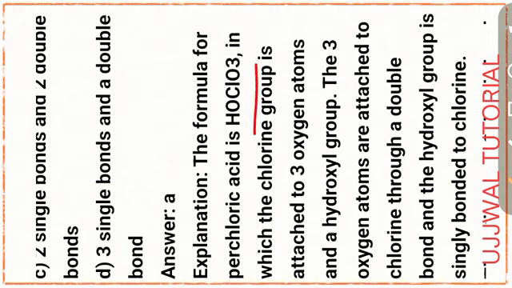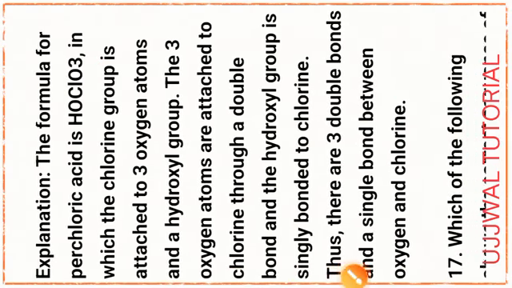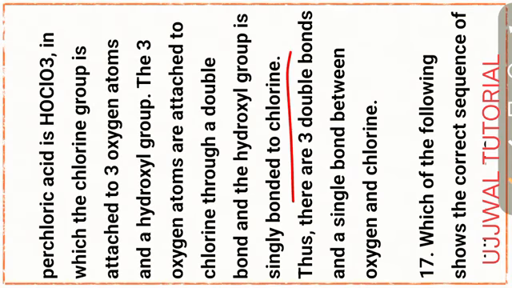Okay, in which the chlorine is attached to 3 oxygen atoms, okay, and 1 hydroxyl group. The 3 oxygen atoms are attached to chlorine through a double bond and the hydroxyl group is single bonded to chlorine. Thus, there are 3 double bonds and a single bond between oxygen and chlorine.